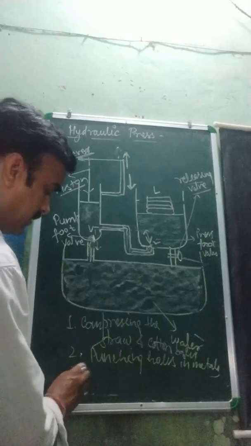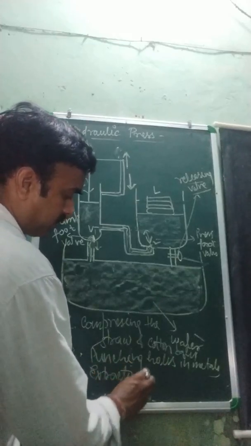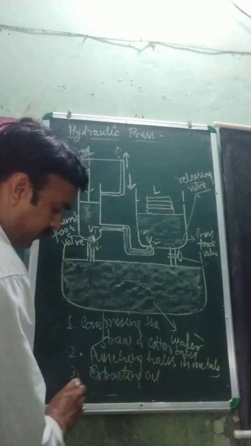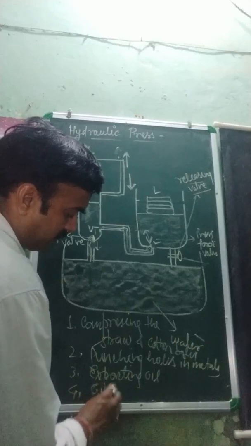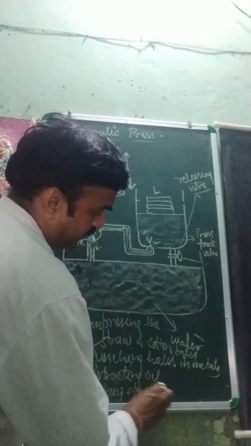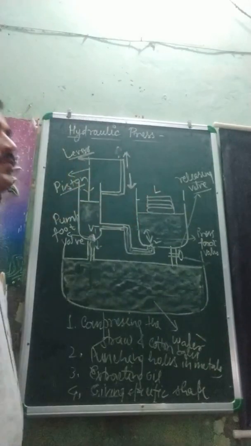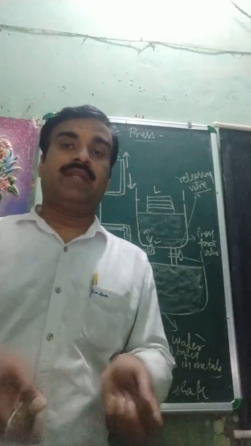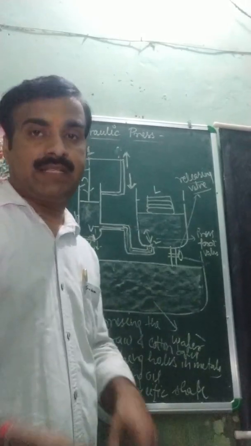Third, extracting oil. Fourth, giving a specific shape to the different metals. Okay, these are the uses of the hydraulic press.